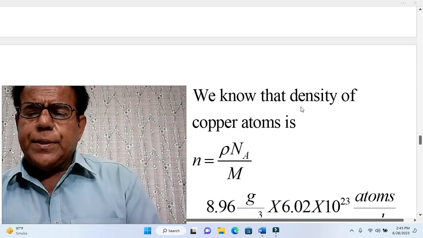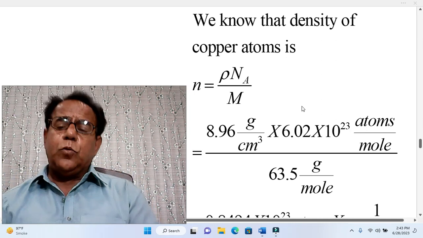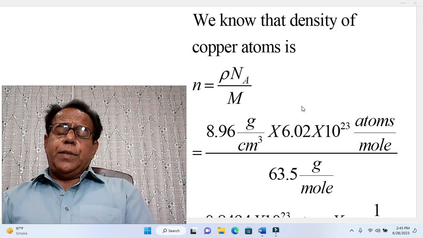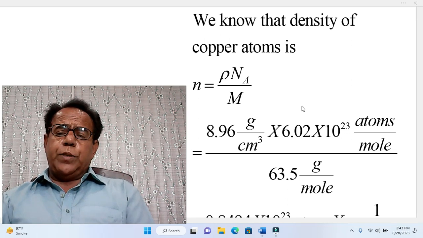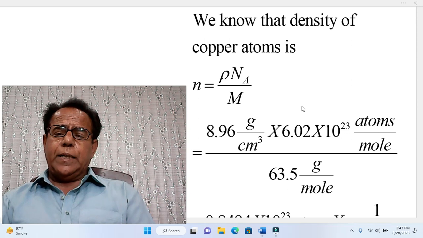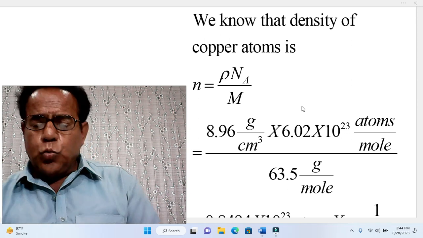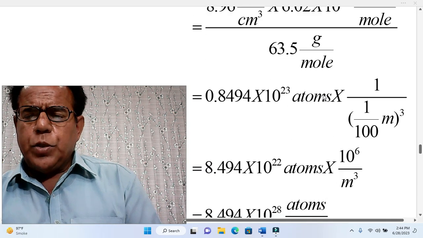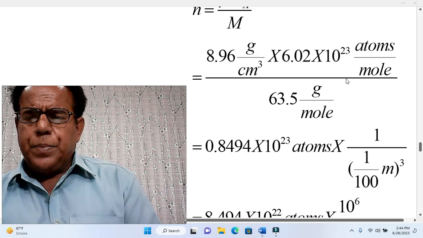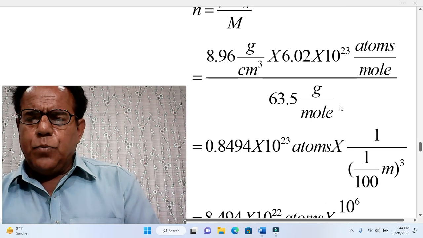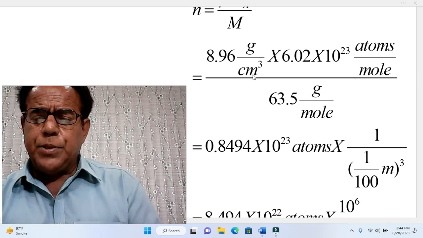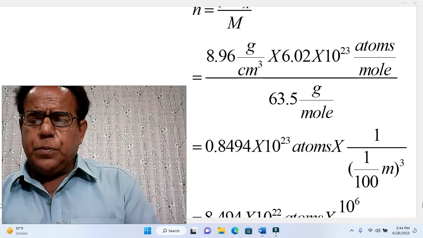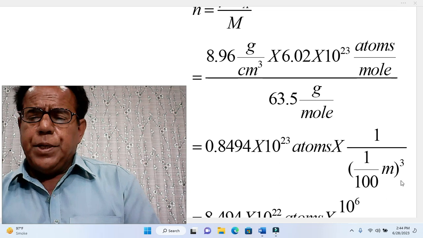We know that the density of copper atoms is N equals rho times Avogadro's number over molar mass. We just put all the values: two values have been provided in the statement and one has been given in the helping tool. So just simplification as in the previous problem. Gram per mole will be cancelled with gram per mole, and centimeter cube will be converted into meter, written as 1 over 100 meter cube.